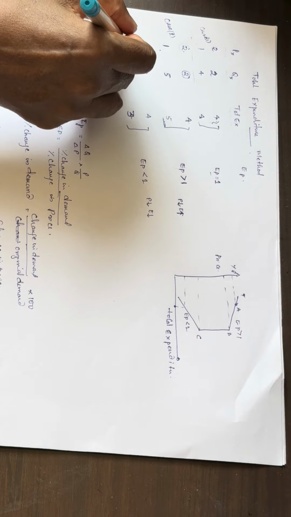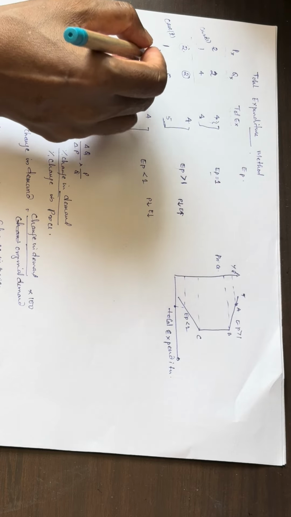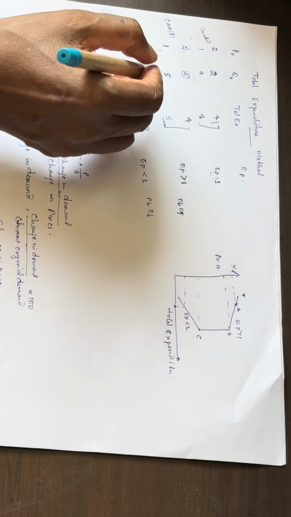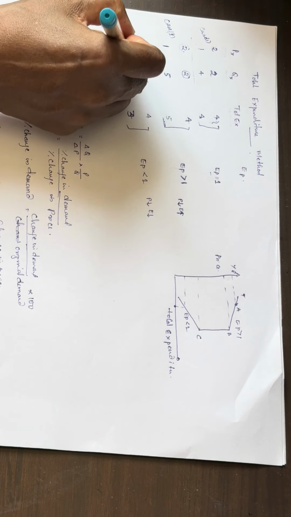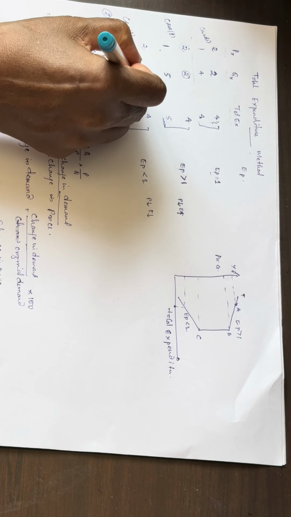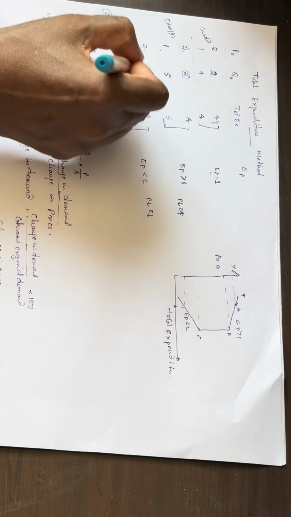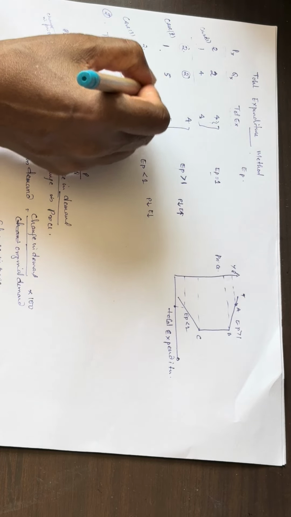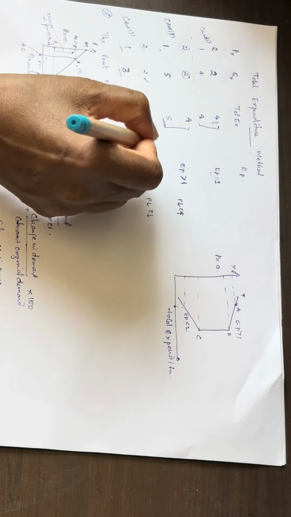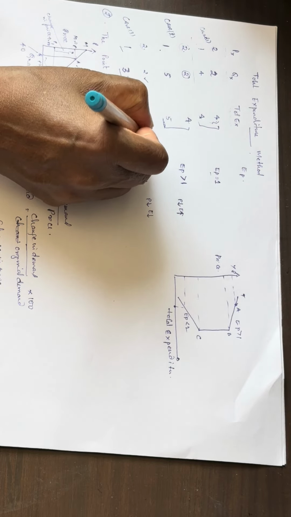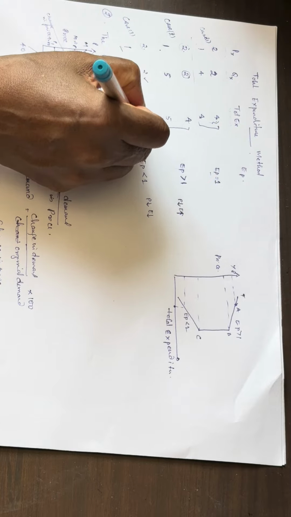In the third case, the price is 2 and the quantity is 2, but when the price is reduced to 1 rupee, the quantity demanded is 3. The total expenditure in the first case is 4 and in the second case is 3. Here the total expenditure is reduced from 4 to 3.